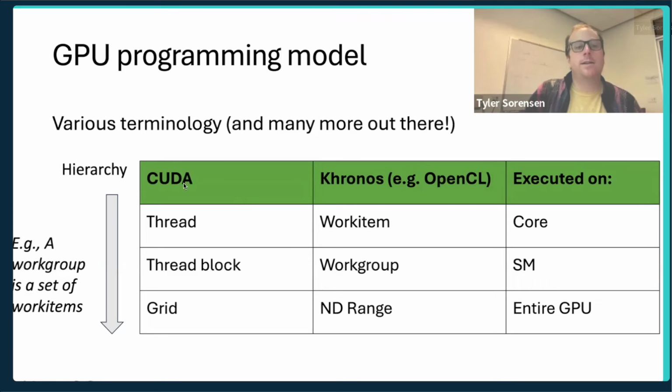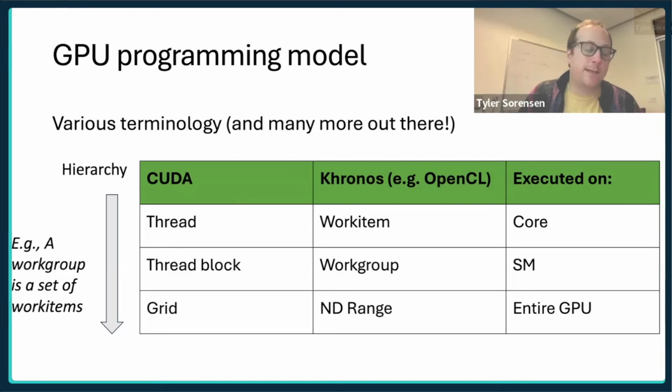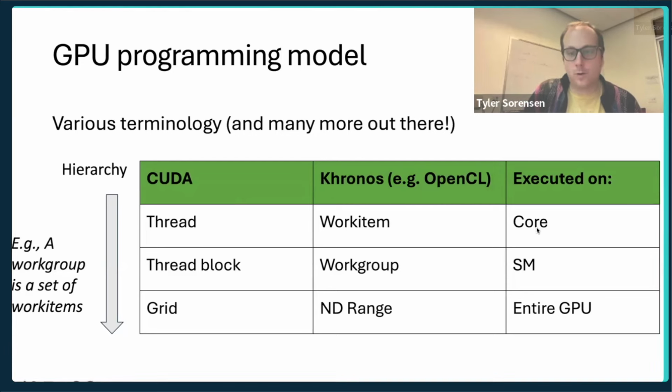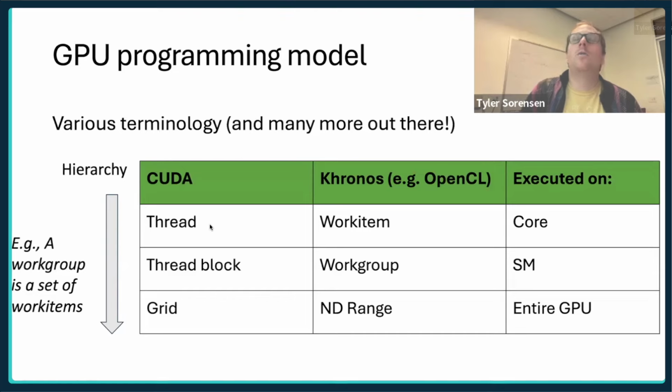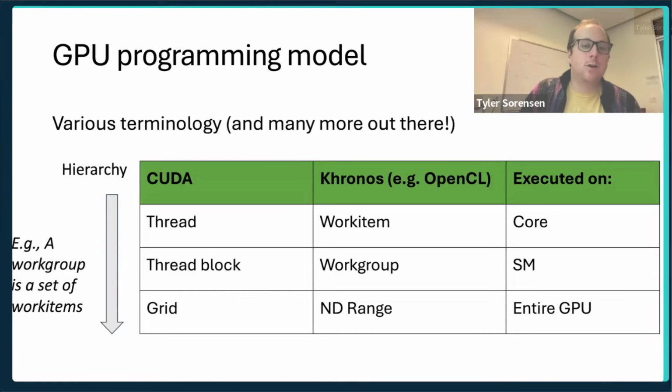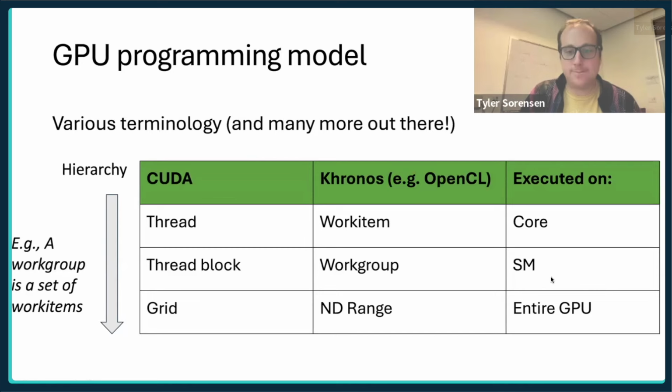In CUDA, the base unit of computation is called a thread. If you've done multiprogramming on CPUs, your intuition will hold here. A thread is executed on a core. In Khronos, they call these work items or invocations. Then you can cluster threads into what's called a thread block, and the threads in a thread block are all executed on the same SM.